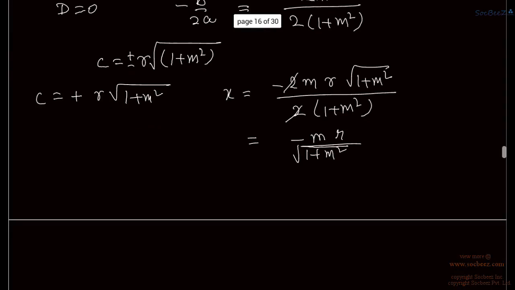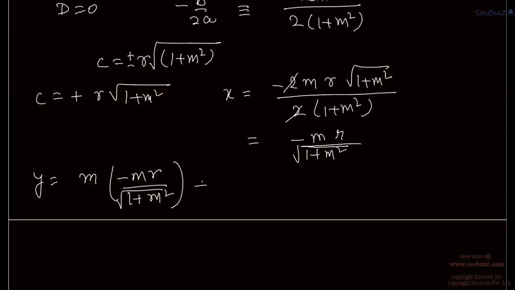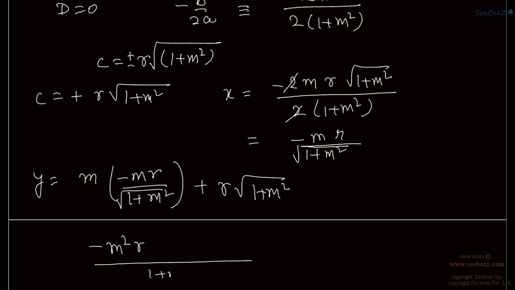So y is equal to m times x plus c, which is −m²r upon √(1 + m²) plus r√(1 + m²), which is equal to r upon √(1 + m²).